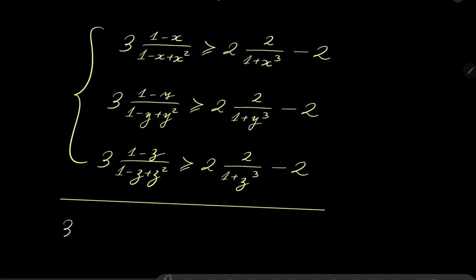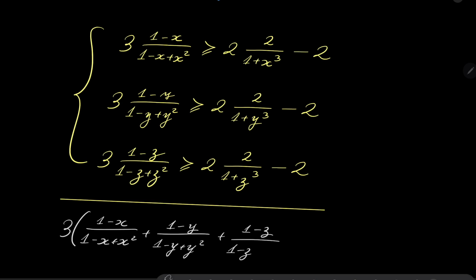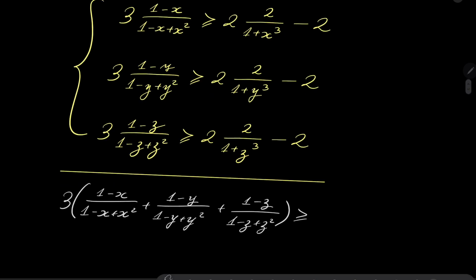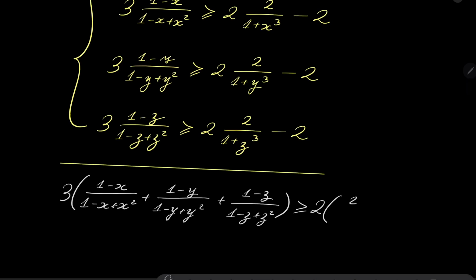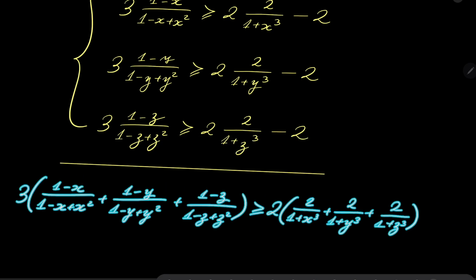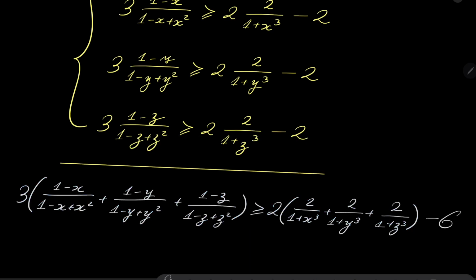So we will have 3 times the sum of (1-x)/(1-x+x^2), (1-y)/(1-y+y^2), (1-z)/(1-z+z^2) is greater than or equal to 2 times the sum of 2/(1+x^3), 2/(1+y^3), 2/(1+z^3). And we have minus 6 after adding everything together.